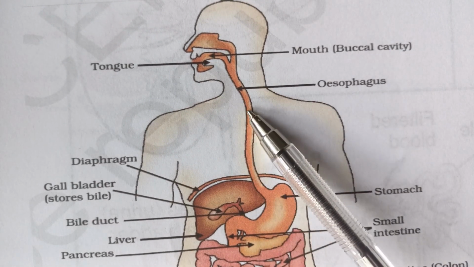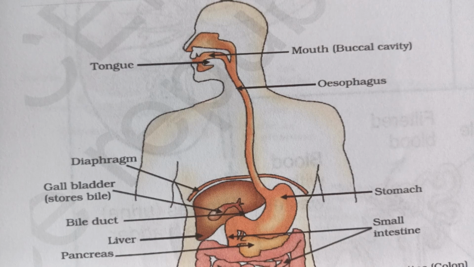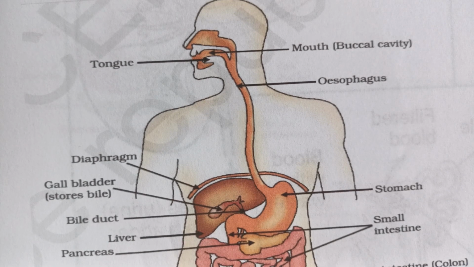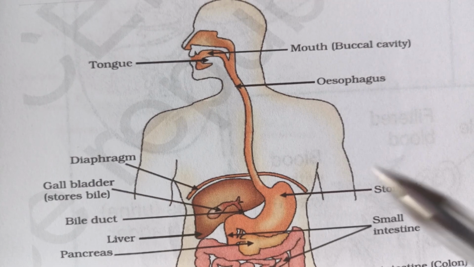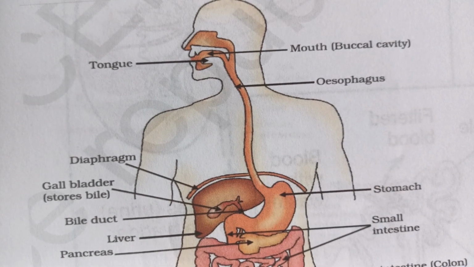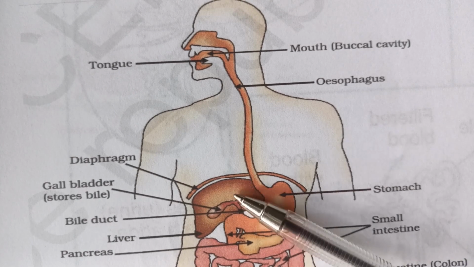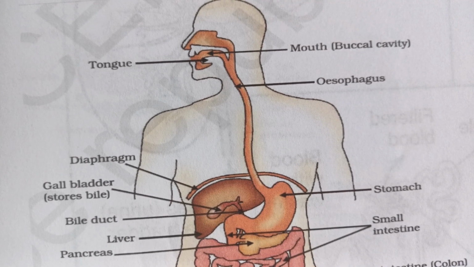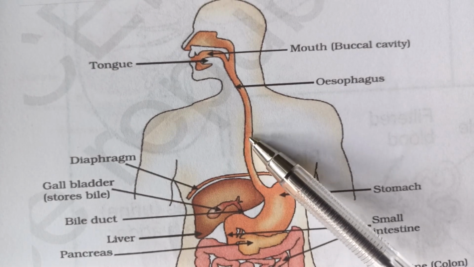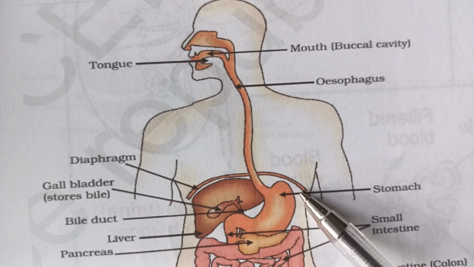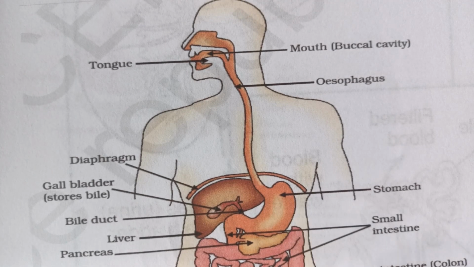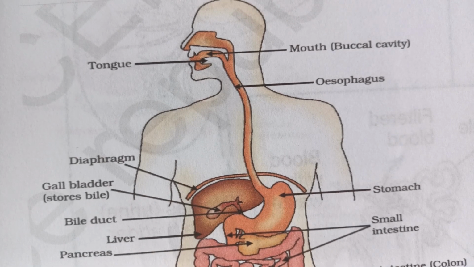The muscles in the wall of this canal contract rhythmically in order to push the food forward from the mouth towards the lower structures of the alimentary canal. These rhythmic contractions of the muscles in the alimentary tract are called peristaltic movements, and they occur all along the gut.